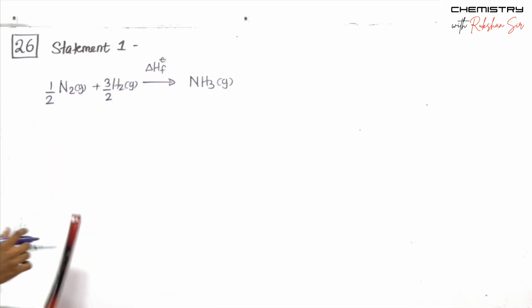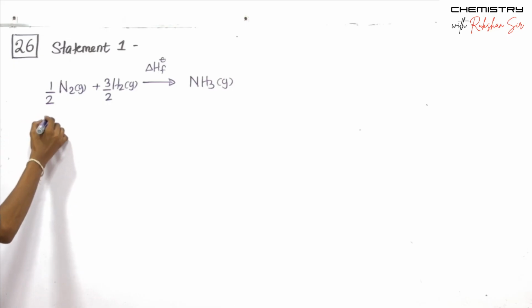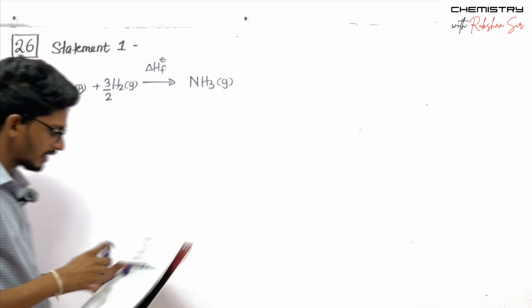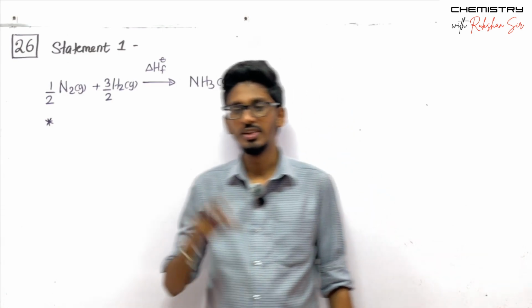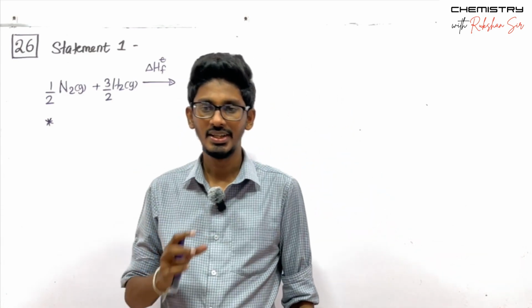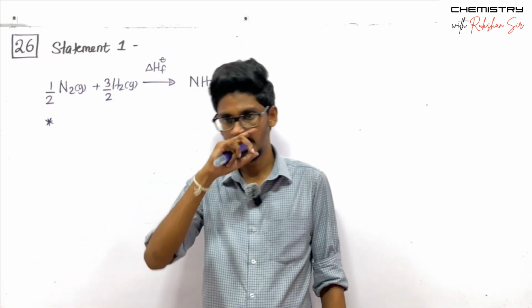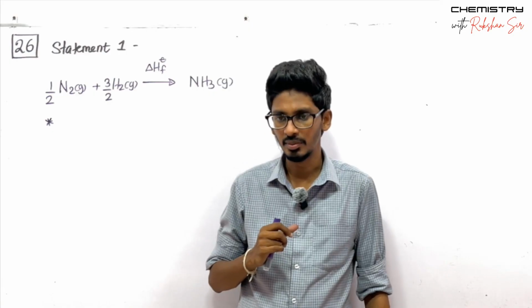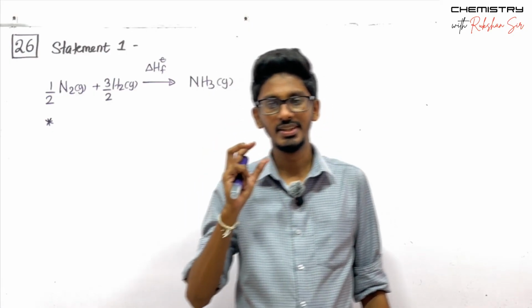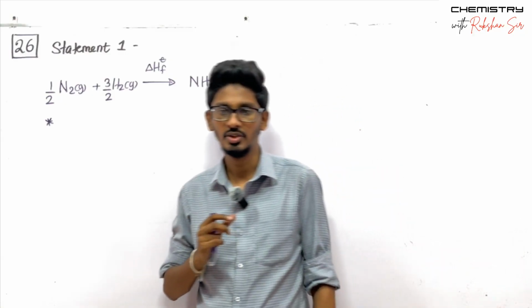There's one thing you should know to answer this question properly. If you are thinking of stable compounds, their formation enthalpies are negative. Remember that. This is a major point you have to grab from this question.